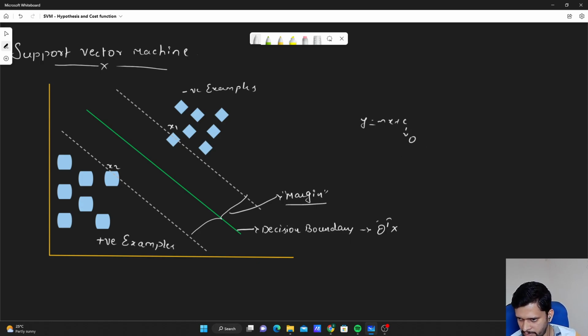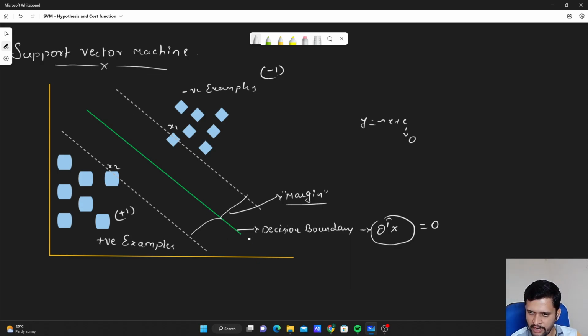So I am representing the decision boundary as theta transpose x is equal to 0. On this side of the decision boundary, we will have negative examples, which we represent with -1, and below this line we will have positive examples, which we represent with +1. Please keep this in mind.